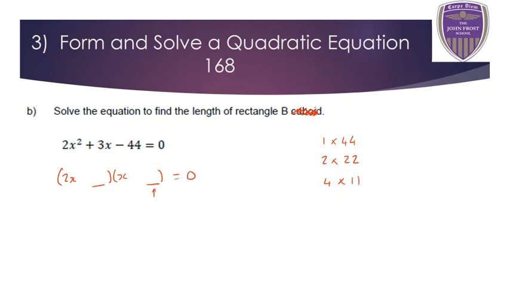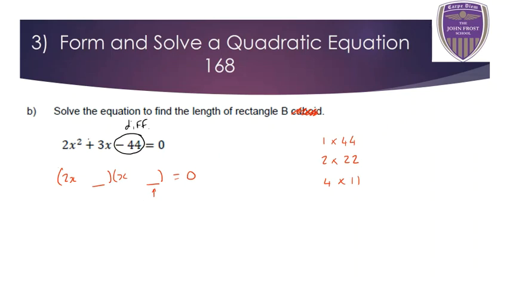So I know that one of these pairs of numbers is going to be multiplied by 2. I also know that the minus 44 tells me that when I multiply the two number parts together, I'm going to get a negative outcome. It means the signs in the brackets are going to be different. So it means I'm going to have one positive sign and one negative sign. At this stage, I don't know which bracket they're going to go in.